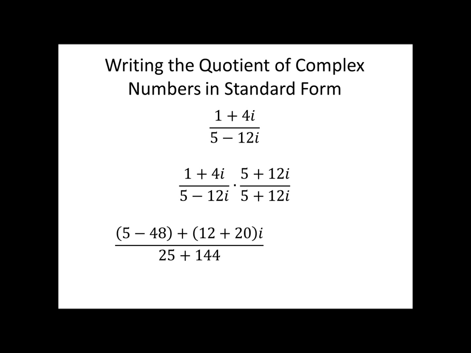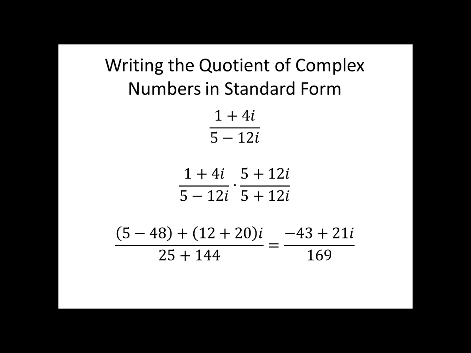Now, if I follow the pattern that we talked about earlier, I take a times c, which is 5, minus b times d, which is 48, plus a times d plus b times c. Again, this is all over 25 plus 144.